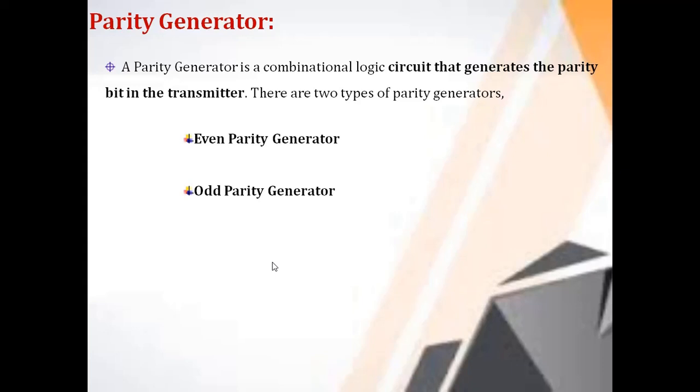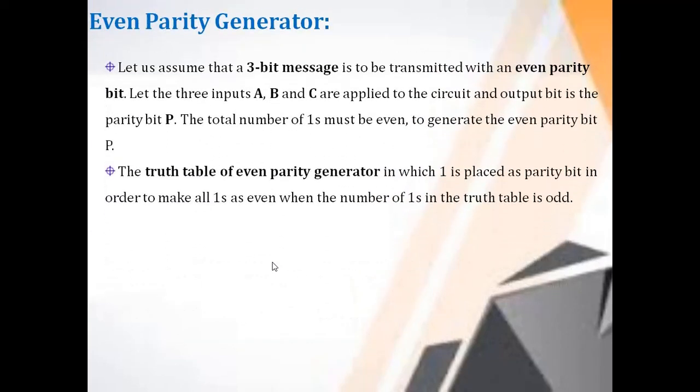There are two types of parity generators available: the even parity generator and the odd parity generator. Let us start with the even parity generator. Let us assume I want to send a 3-bit message. On the sender side, a person wants to send a 3-bit message.